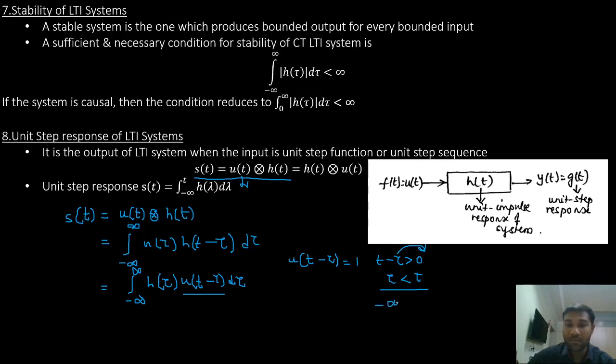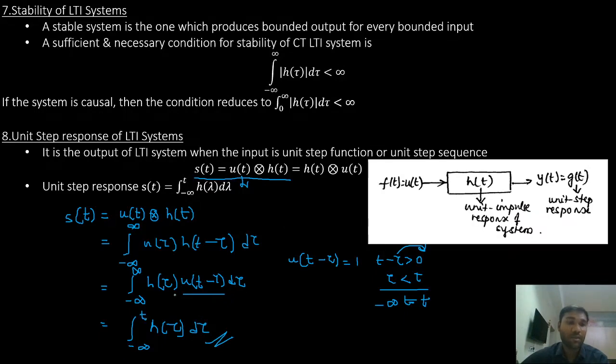From minus infinity to t. So I can write this as the integration from minus infinity to t of h of tau, where u of t minus tau is 1 in this range, d tau.